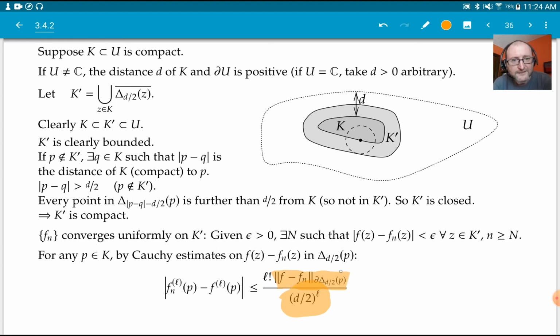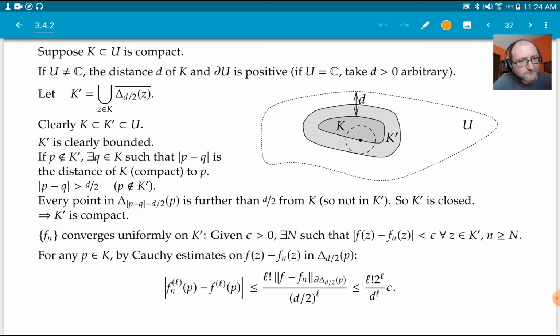And we have the uniform norm, like the maximum modulus of f minus fn on the boundary of this disk.